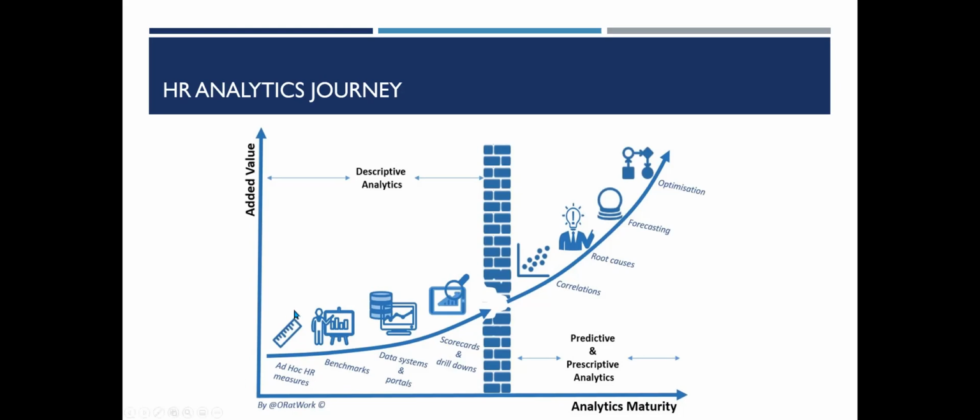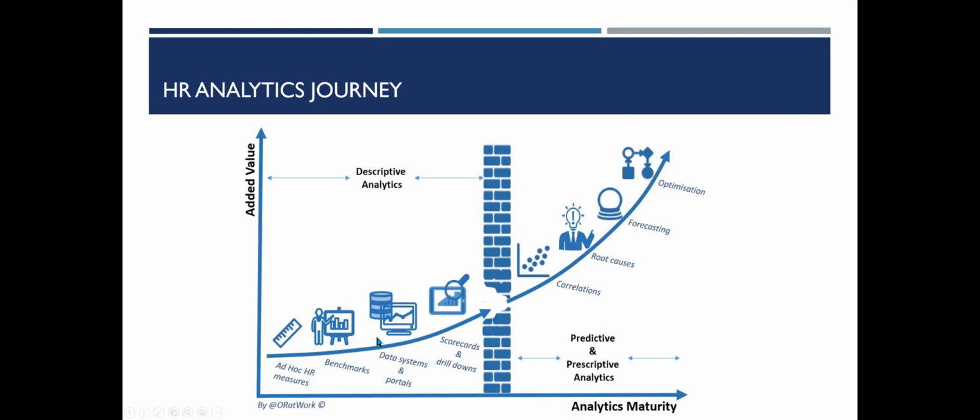These are very ad hoc HR measures. Next, organizations tend to move on towards benchmarking. Benchmarking is when you compare with competitors outside. You find out what is the industry level or industry standard and use that as a standard.